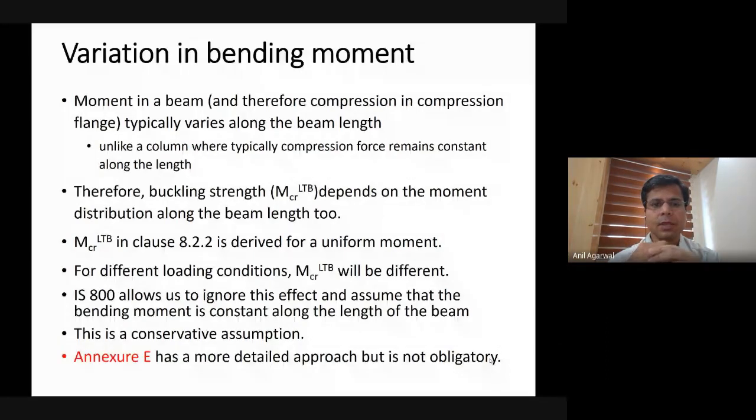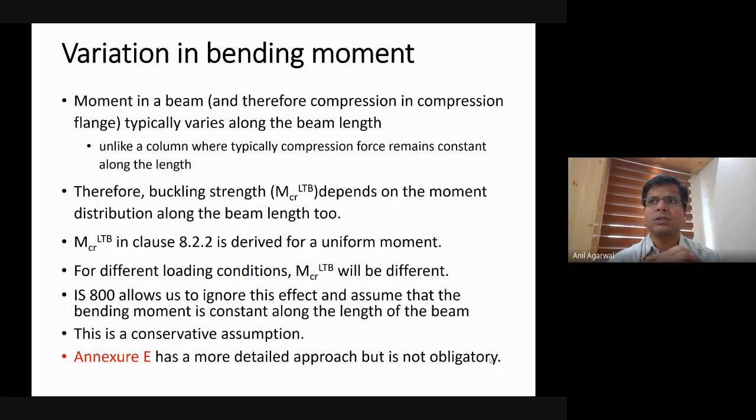Correct? That is almost always not valid, and in practical situations, moment is always varying. However, we discussed in the past that it's a conservative assumption, correct?